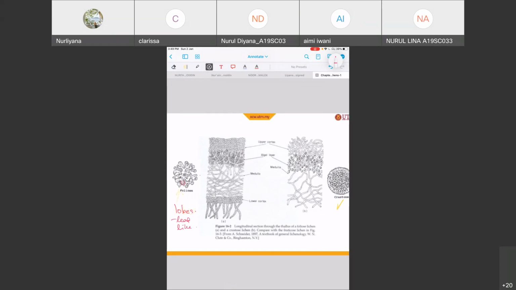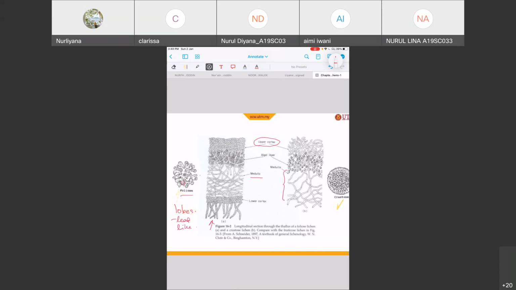The differences, if you look at a glance at first, this foliose type has almost the same structure, where you can see that they have a cortex, and they also have a medulla. Medulla is the one in the center.